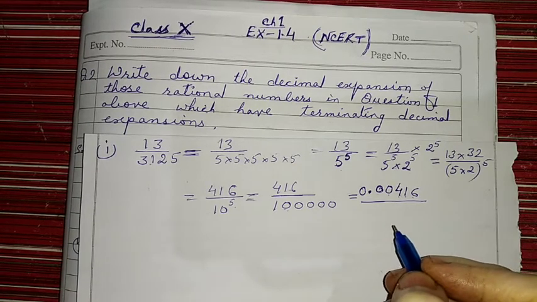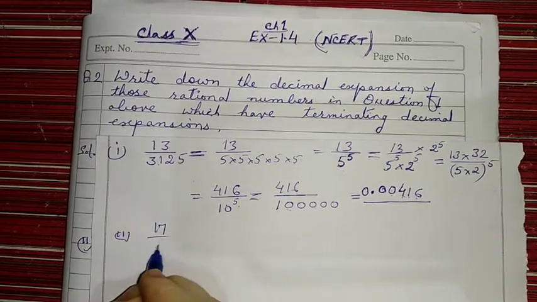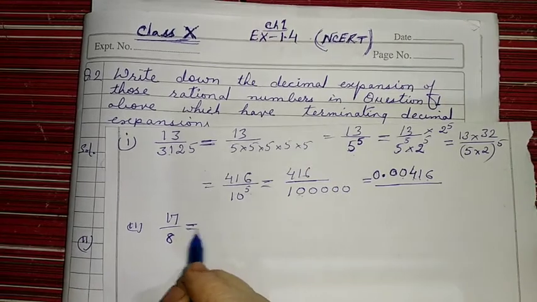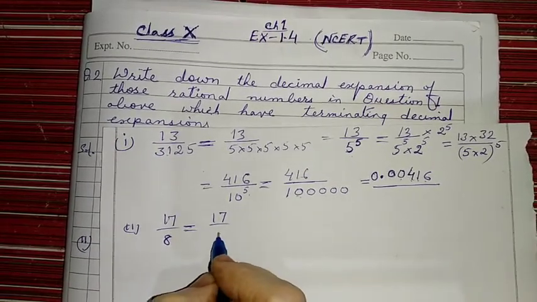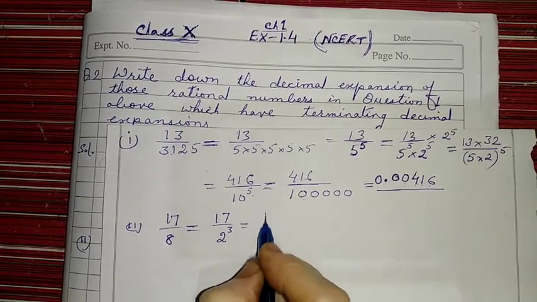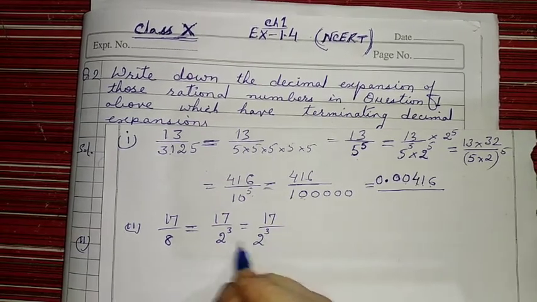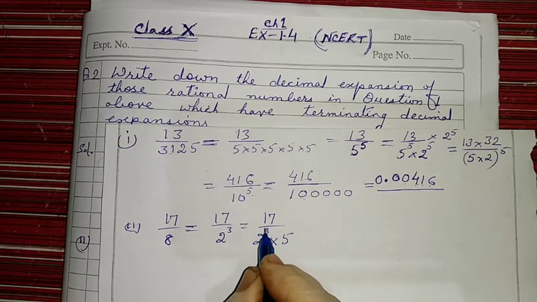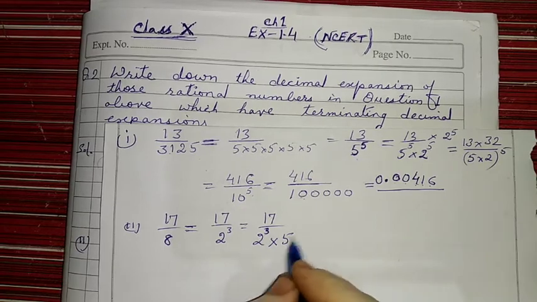Now take another question. The next question is 17 divided by 8. If you write it in prime factors, 2 into 2 is 4, 4 into 2 is 8, that means 2 to the power 3. To make it a multiple of 10, we have to multiply by 5, and because there are three 2s, the 5 will also be to the power 3.